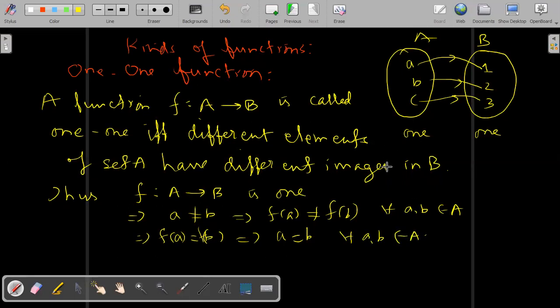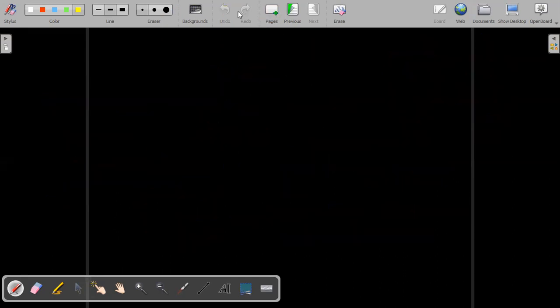For proving, I am telling you the algorithm, the steps for how to prove that the given function is a one-one function.